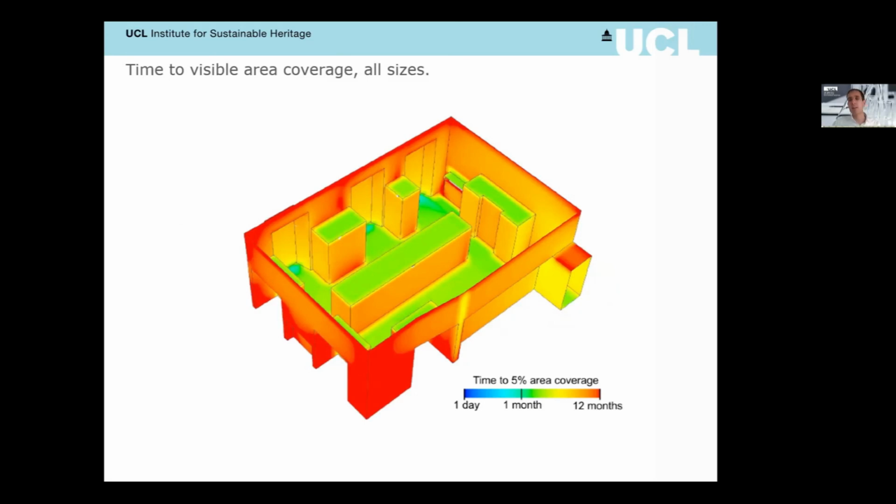Some values were 100, some values were 1,000. I don't have any idea of what these values mean. They are too abstract for me, even though I produce them myself. If you tell me in this room you have 100 particles per square meter per second, I don't know if I should be worried. I don't know if it's fine. Maybe I'm in my flat, maybe I'm in a sandstorm, I don't know.